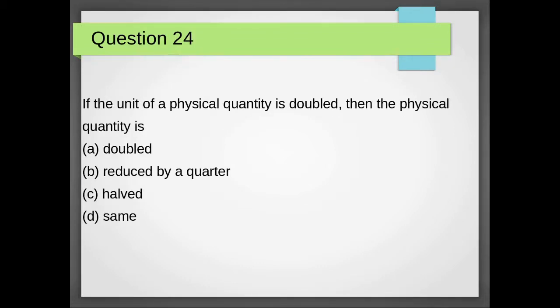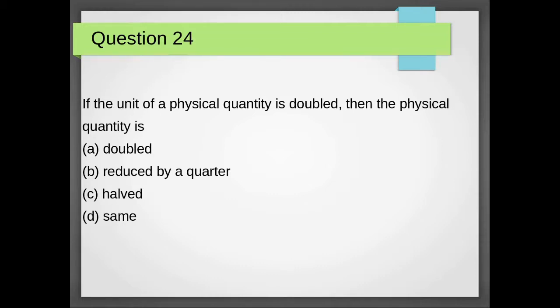Question 24. If the unit of a physical quantity is doubled, then the physical quantity is doubled, reduced by a quarter, halved, stays the same. So one way to look at this problem is to consider a mass of 1 kg.